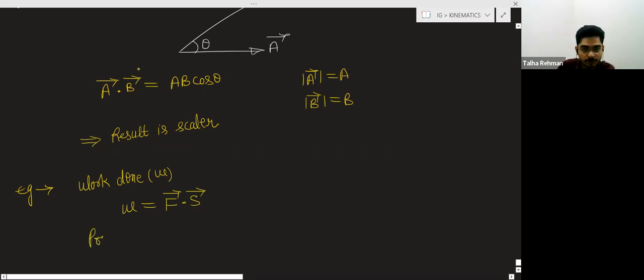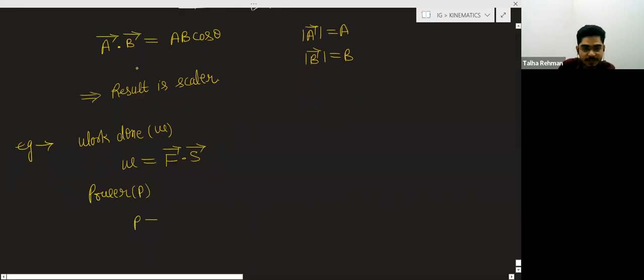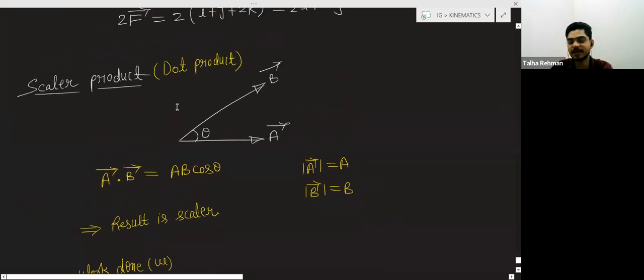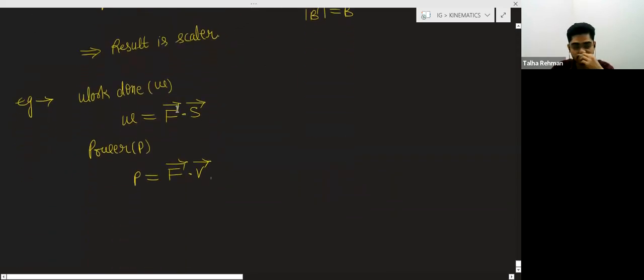For example, power. Power is also a scalar. So power is given by the dot product of force and velocity. So that is why we are learning this scalar product. There will be a requirement of this. Okay.